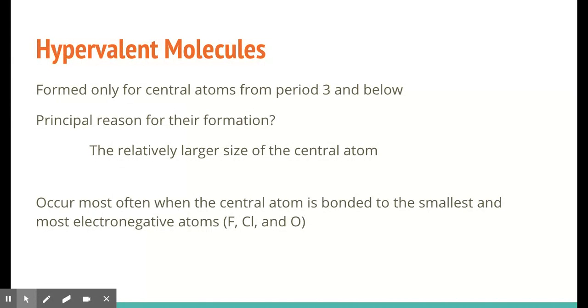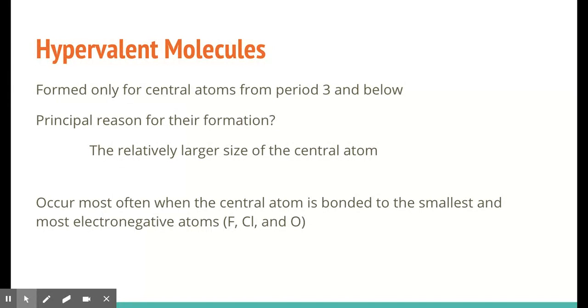They form in these periods because of the relatively large size of that central atom. Those atoms are large enough that they can attract more than an octet of electrons.